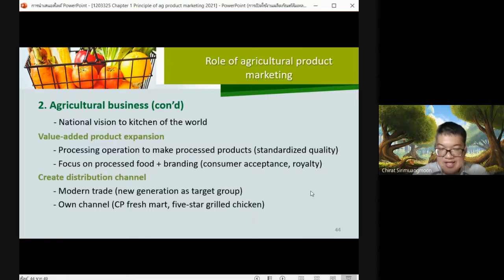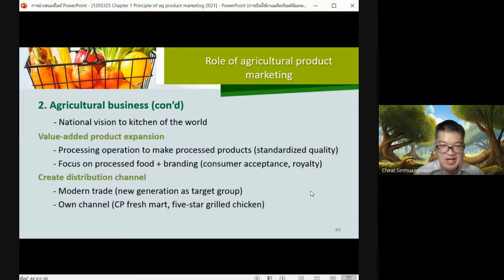That is actually why we added product expansion. So for now, the government just keeps signaling that we need to produce high quality products, and our food and agricultural product industry follows it. And for now, we are the top-ranked agricultural product exporter.